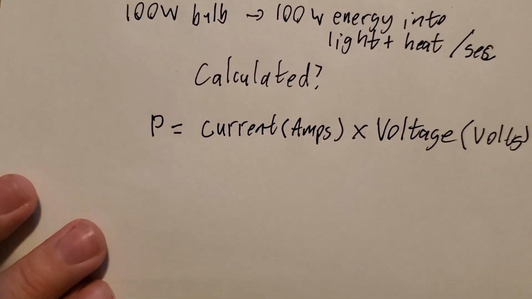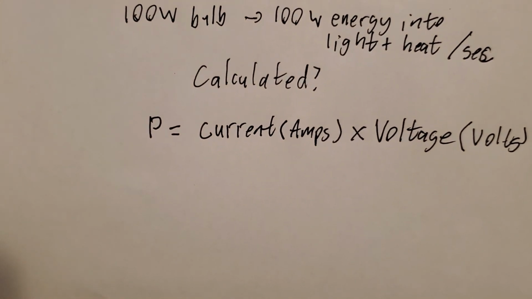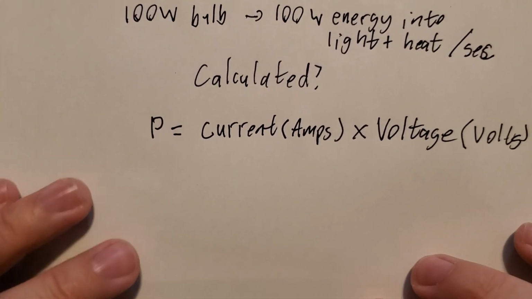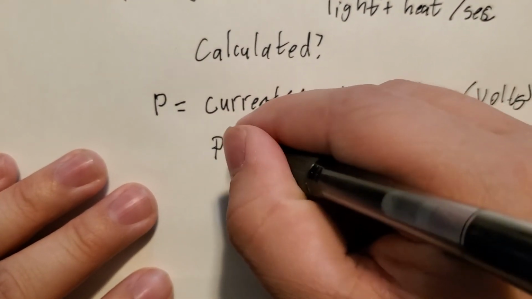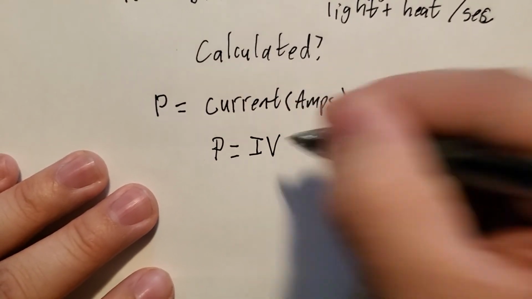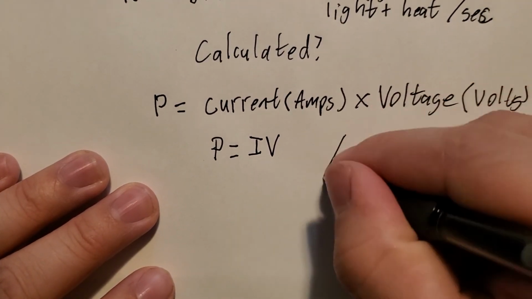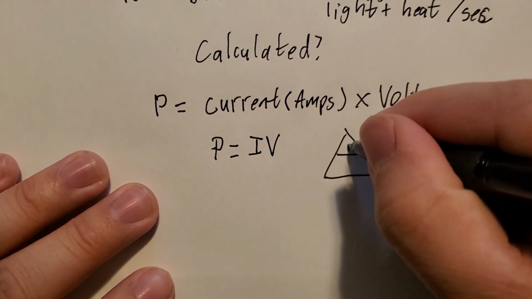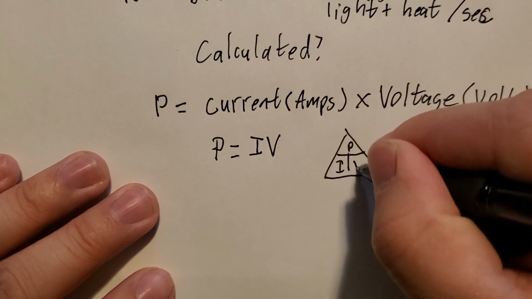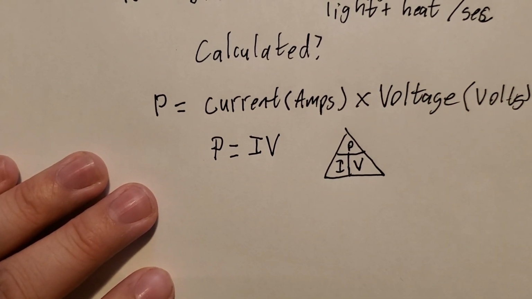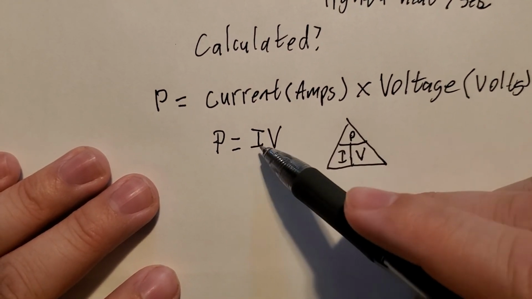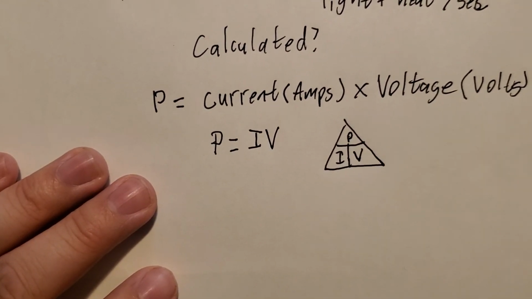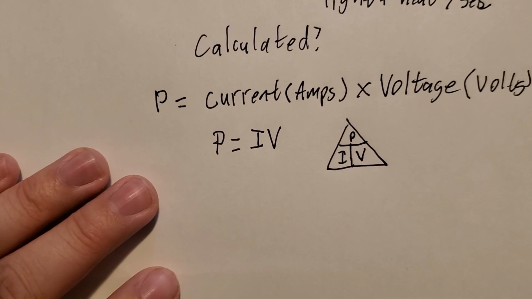So we get another similar Ohm's law type of formula here, where instead of V equals IR, we now have P equals IV. Similarly, we can make our triangle P, I, V. Again, we can rearrange all this. If we want to find current and we know power and voltage, we can do that because we've got our triangle of science.